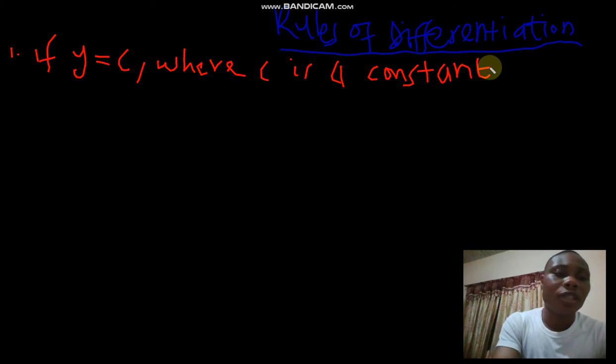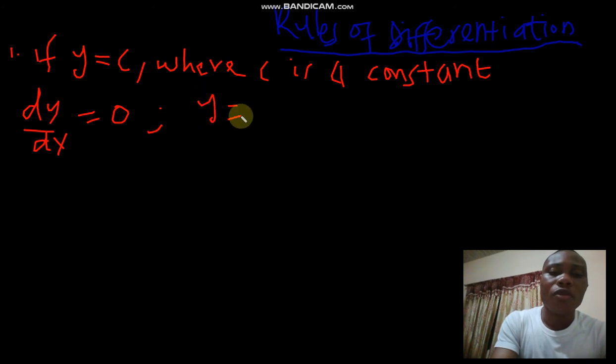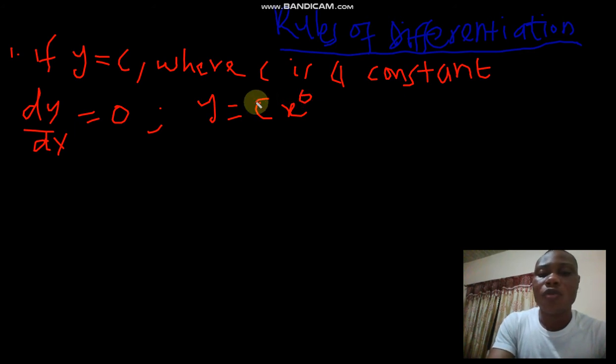How do I differentiate a constant? So I'll get that dy/dx is just equal to 0. Why? Because y can be c x to the power 0, because anything to the power 0 is 1.